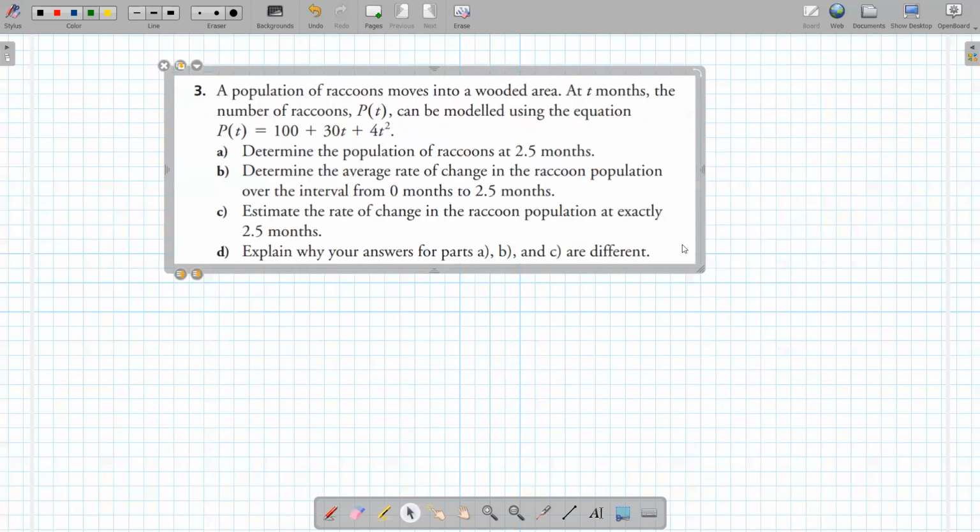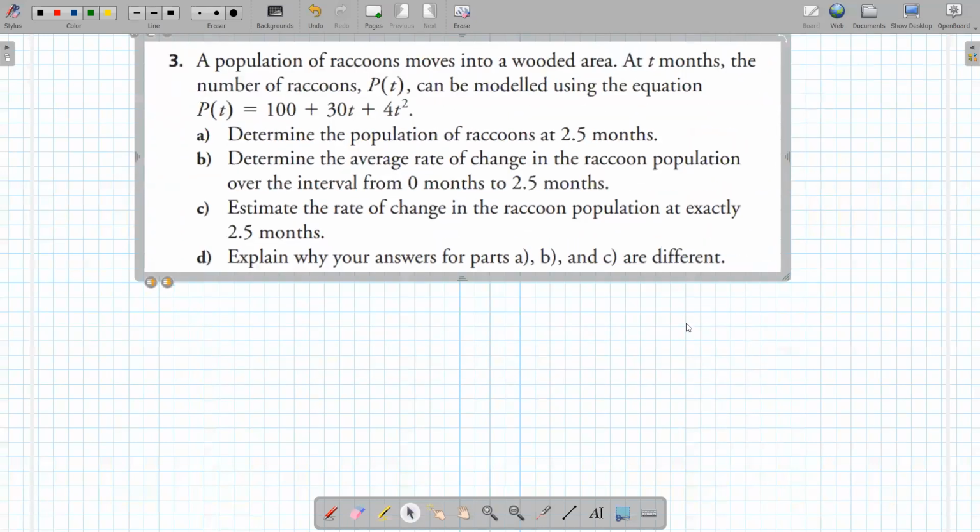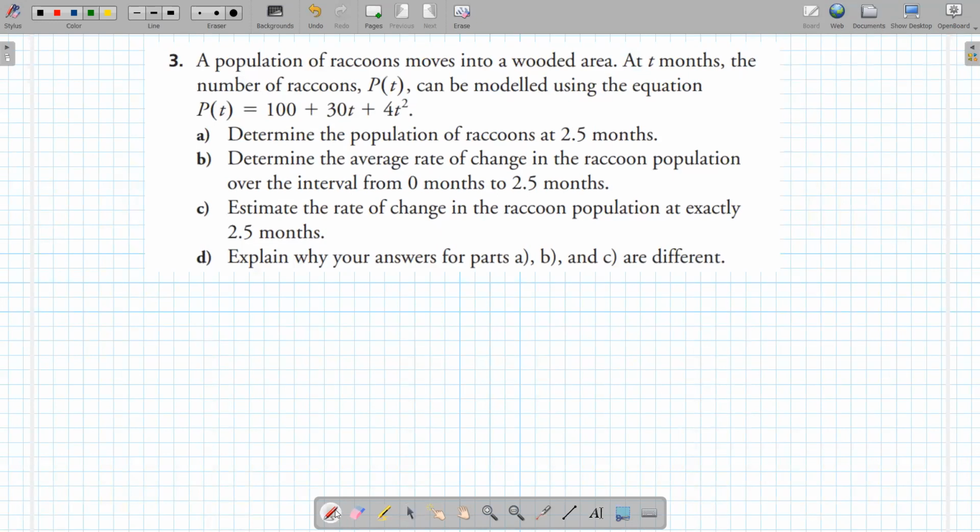Okay, let's look at raccoons. We're given an equation for their population, and t is months. Okay, part A, determine the population at 2.5. Now it's asking you to find the population, not rate of change or anything. How do you do part A?